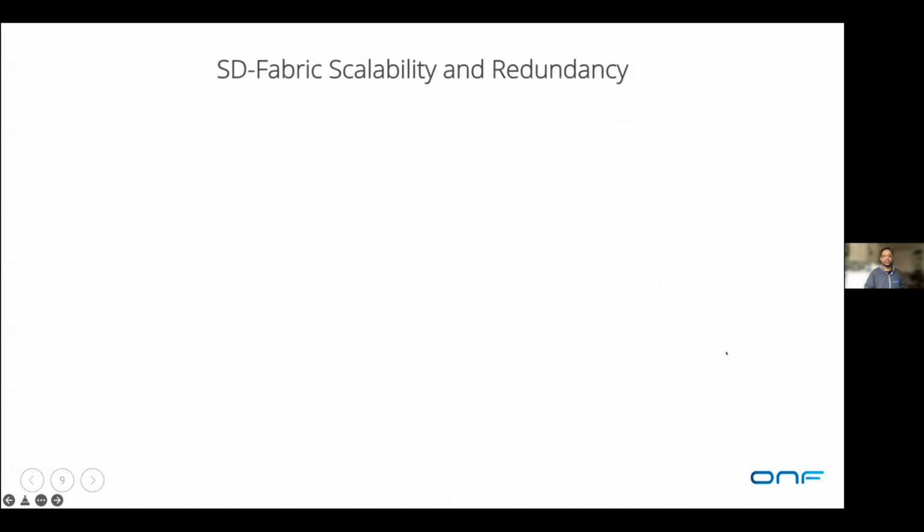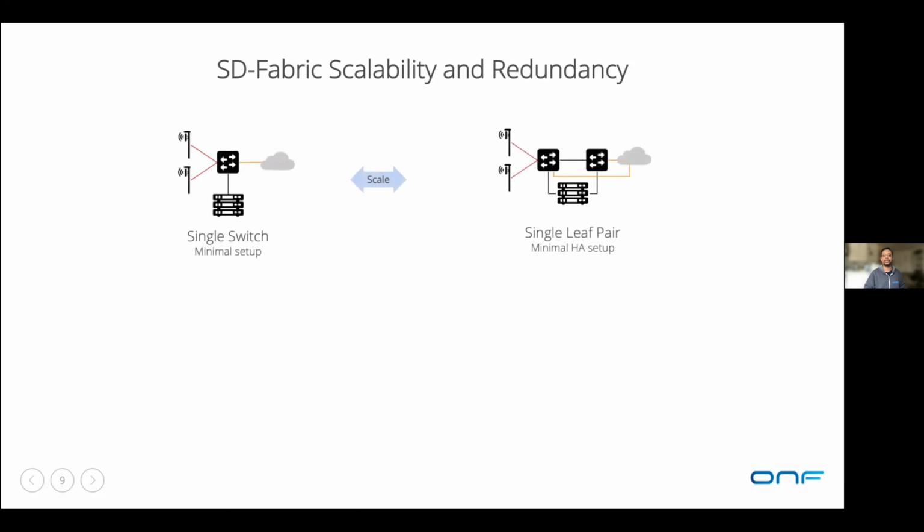As I was mentioning, the fabric in itself is quite scalable and redundant, but allows you a lot of flexibility in how you deploy it. You could start with a single switch in a minimal setup. If you wish to move on to high availability, you can deploy a pair of switches.